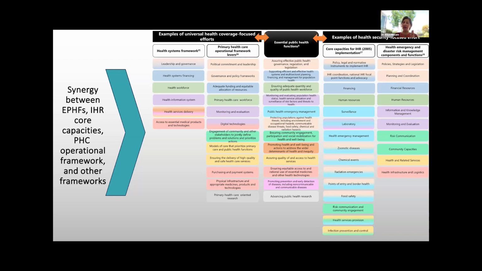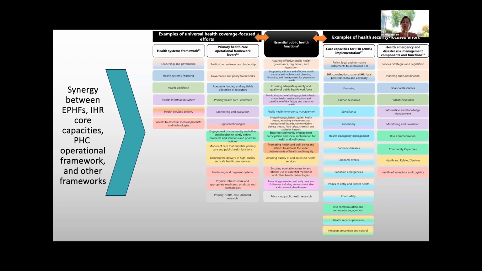And then there are efforts or frameworks related to universal health coverage, such as the health system framework, which we all know very well, but also the PHC operational framework. On the right-hand side, there are frameworks related to health security efforts, so the international health regulations and health emergency and disaster risk management. Now, my colleagues have very kindly color coordinated this, so it is visually very easy for us to see that there is synergy across these frameworks.